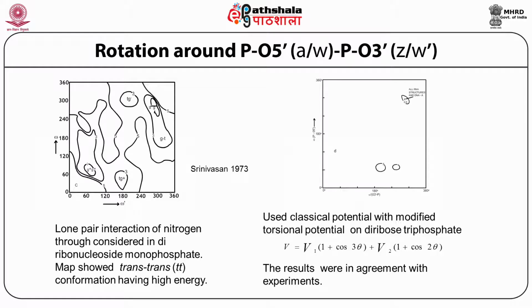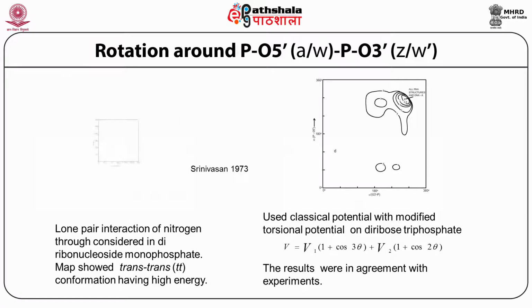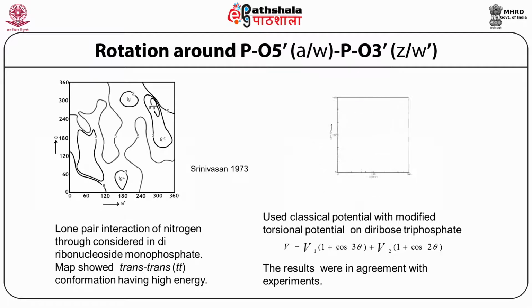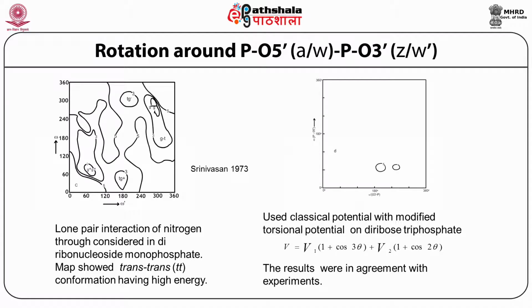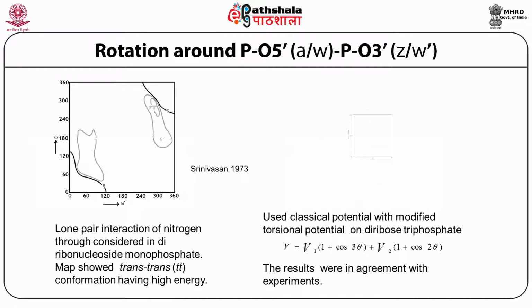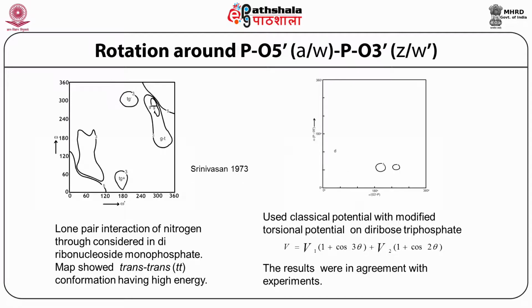And the map has shown one important thing. Although it looks similar to Flory's map, the trans-trans TT region, which was low energy in the case of Flory's map, is no longer present in Srinivasan's map. Whereas in the right-hand side figure, Govil and his group changed the potential energy function and modified it.